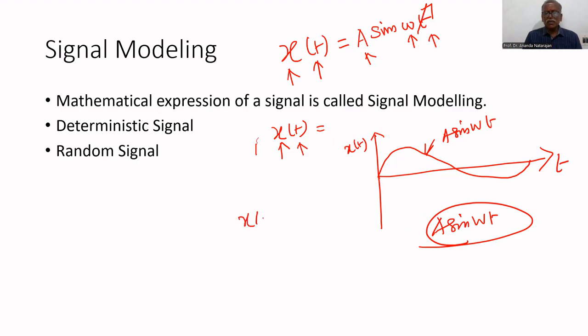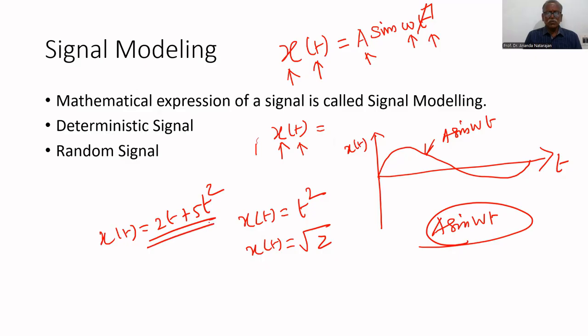Another signal, x of t, can be written as t square. x of t equals root t. x of t equals 2t plus 5t square. As t varies, the value of x changes. These are all called deterministic signals because they can be expressed mathematically. On the other hand, a random signal cannot be represented mathematically.